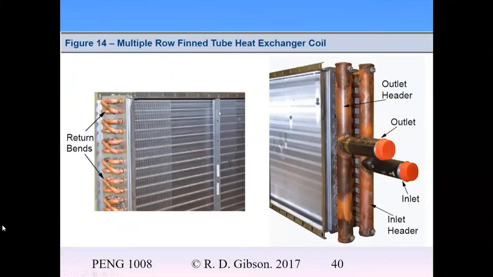So this one has a significant amount of fins and a significant amount of tubes and is able to do quite a bit of heat exchange compared to just a single tube or a bare tube design. It looks like a radiator or a fridge. You know, sometimes a fridge radiator is in the back, and they have a fan to force the air.